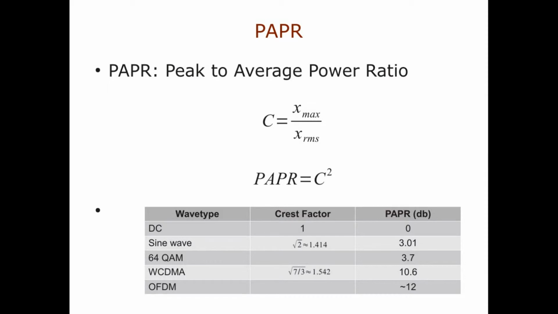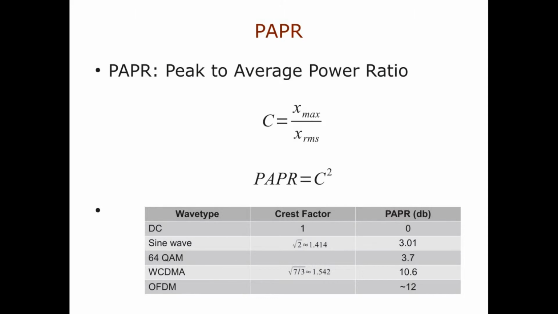So the PAPR of a signal represents the peak to average power ratio, which is a measure of how much power is going to overlap with the other frequencies after the power amplification stage of the OFDM.